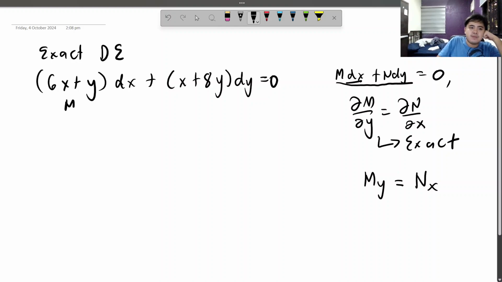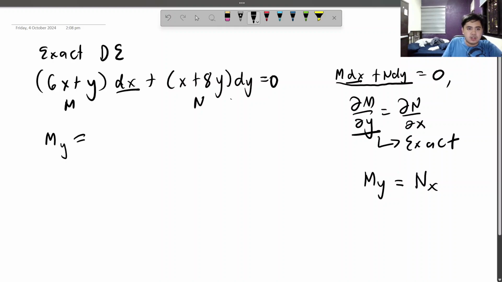So this is M, this is N. We can tell because of the dx and dy here. It could be any letter, honestly, but generally we use M and N here. So for M, we need to find the partial with respect to y, since this is dx.